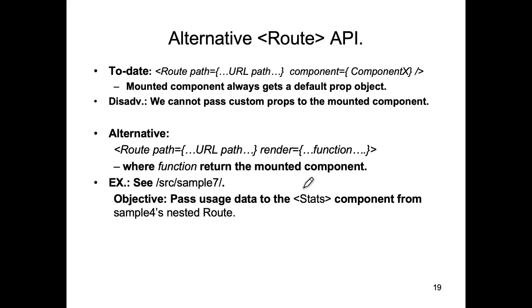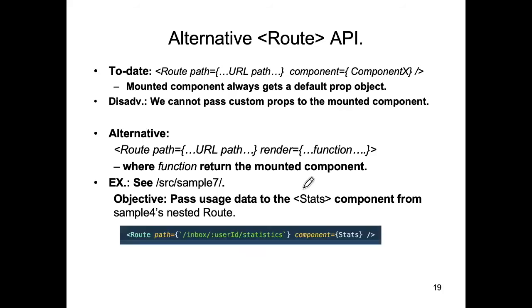So what I have is this root entry, and the path is this, and the component that I want mounted is the stats component. You may remember this root entry was actually a nested root that I had inside my inbox, but it doesn't have to be a nested root. It could be a root at the top level of your configuration.